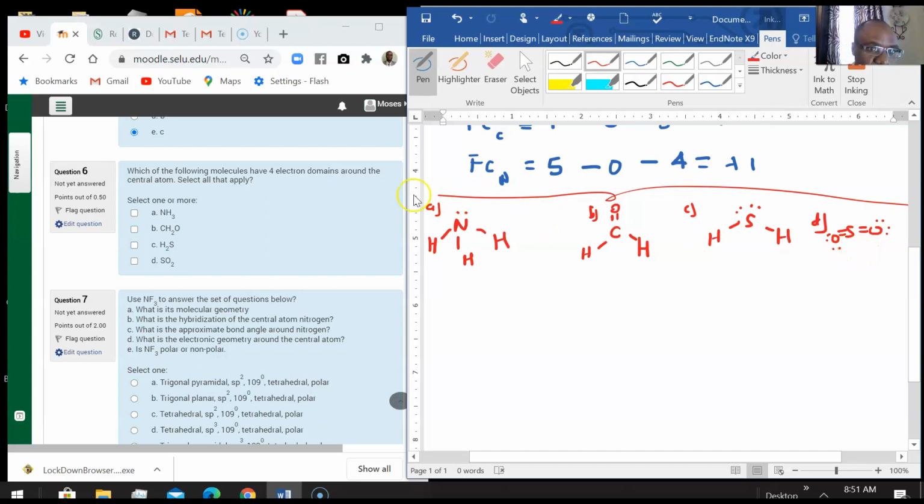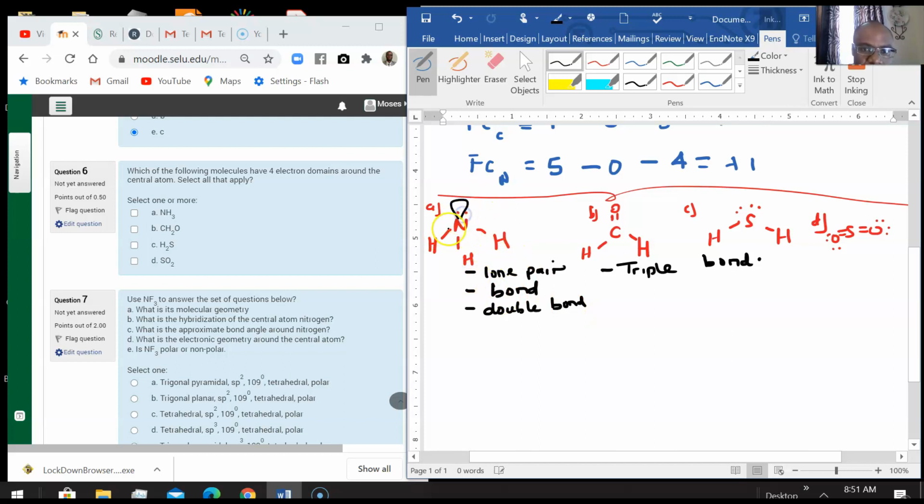Okay. So which one has 4 electron domains? Remember, for review, an electron domain can be a lone pair, a single bond, a double bond, or a triple bond. At least according to Survey Organic, that's where we stop. There are more definitions.